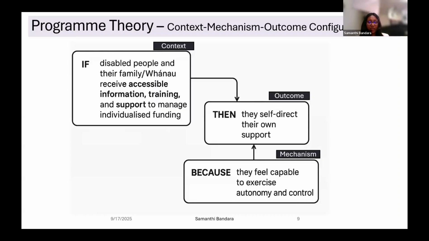Importantly, this mechanism is triggered when the context supports it. That is highly important because a mechanism cannot work alone. It has to be in the proper context.